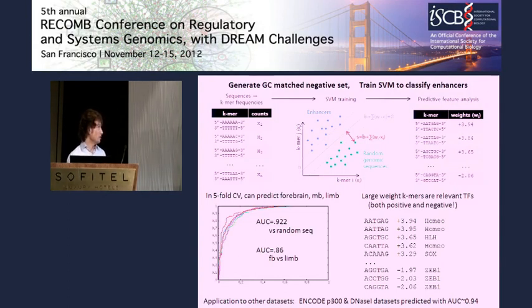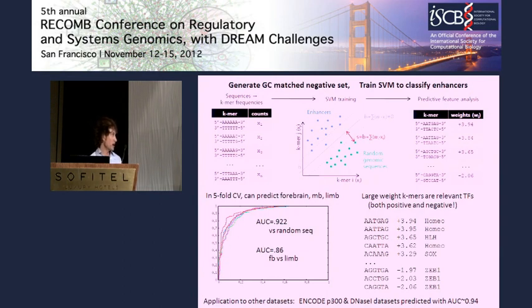So using this model in 5-fold cross-validation, we can predict the forebrain and the midbrain and limb enhancers versus random genomic sequence. We can also predict the different sets of enhancers versus each other. And the way this model is doing it is by identifying large positive weights for binding sites that are active in the specific tissues, but also sequences that cannot be present in those enhancers.